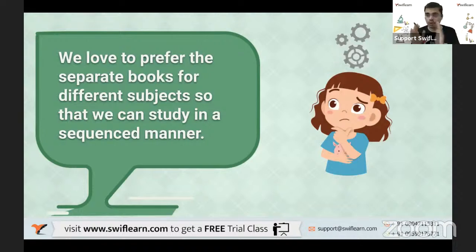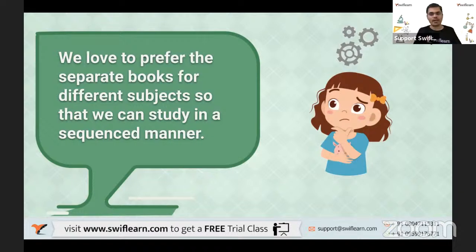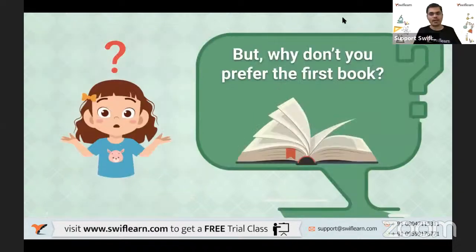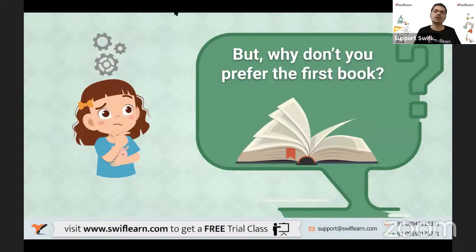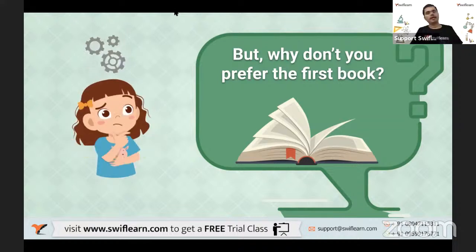Small books, right? So that's how we can go ahead with referring to the small books and going ahead with the learning. But why don't you prefer the first book? Yes. Sir, I want to refer to the first book. Okay, there will be some unique students, hardly exceptional cases, hardly 1 or 2.